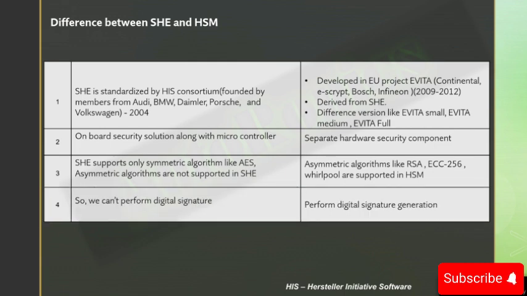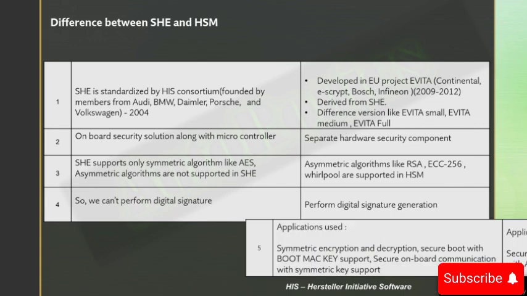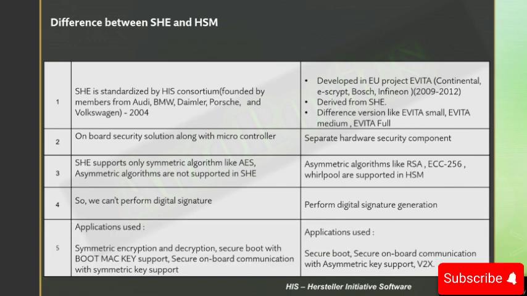Since asymmetric algorithms are not supported in SHE, we can't perform digital signature in SHE, whereas we can perform digital signature in HSM. Both signature generation and signature verification can be done in HSM. So let's see in which applications we can use SHE and HSM.